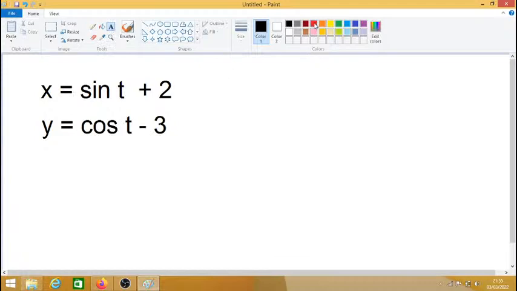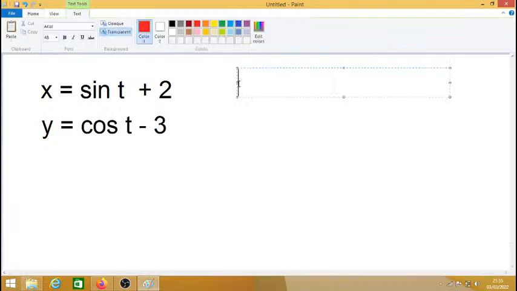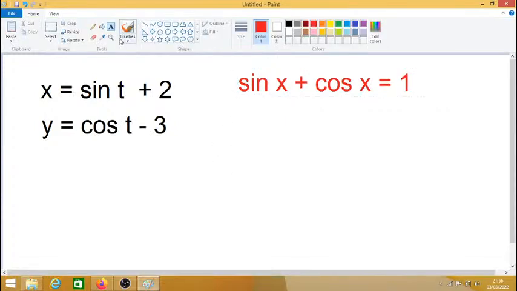So you have to use what you've learned earlier on in the earlier chapter, which is sine squared plus cos squared is identical to 1. So sine squared of any angle plus cos squared of the same angle is identical to 1, and can be swapped with just the number 1.